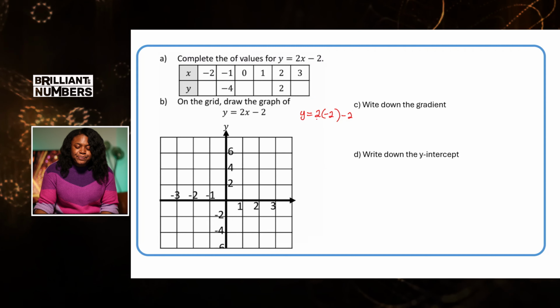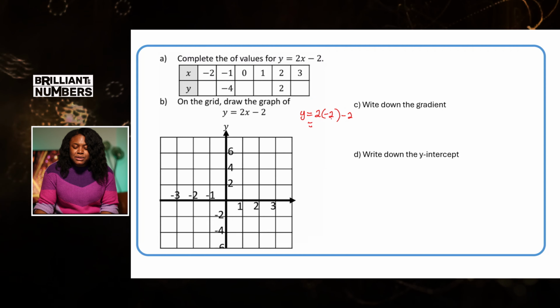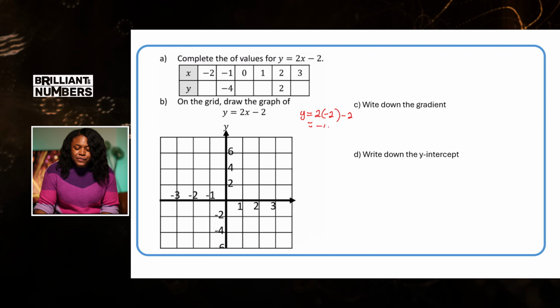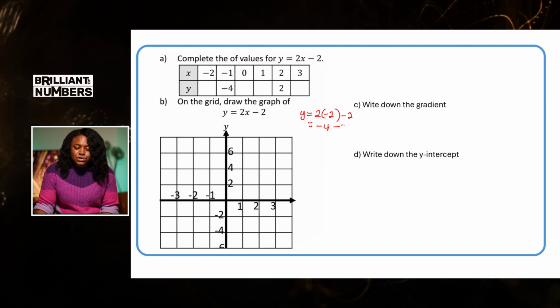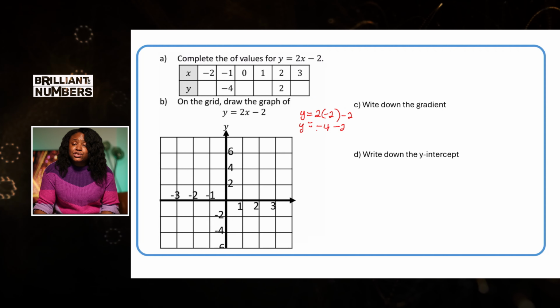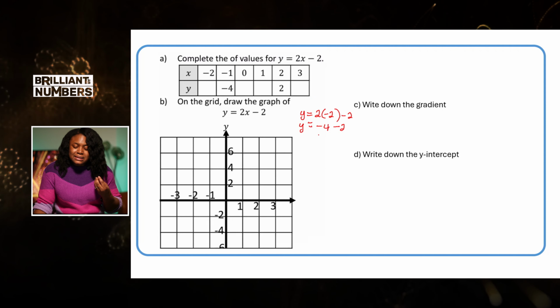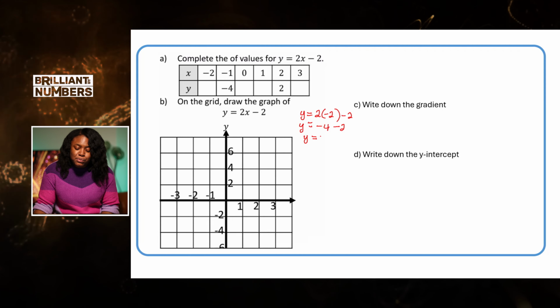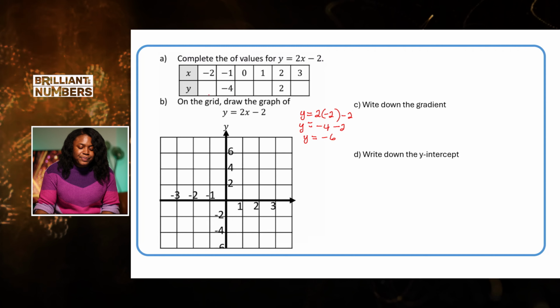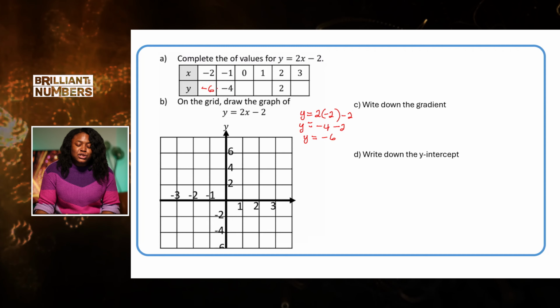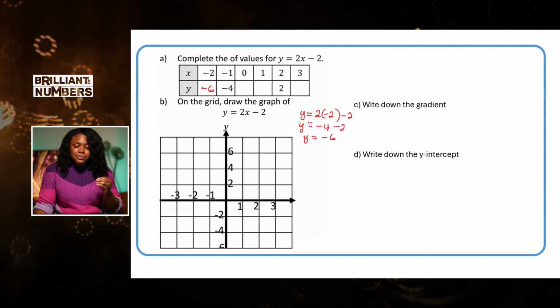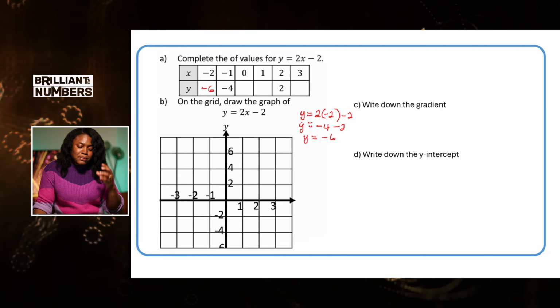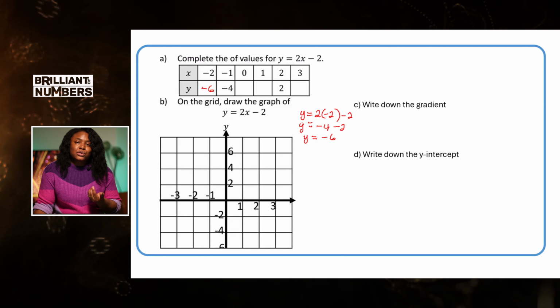So we go ahead, we expand. 2 times minus 2 is minus 4. And then we've got minus 2. So together, minus 2 and minus 4 is minus 6. Remember, I owe 4, I borrow 2 more, I will owe 6 altogether. I put that in my table, which means that on the graph, I'm going to have minus 2, minus 6, which I will now plot as a coordinate.